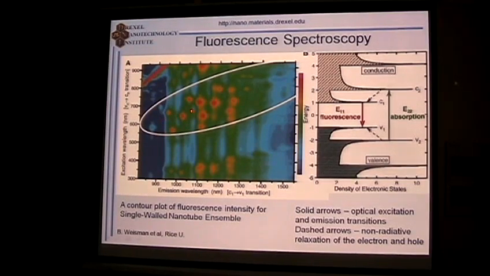In this case, pretty much every dot in this pattern, which is a plot of excitation wavelengths versus emission wavelengths, corresponds to a single kind of carbon nanotube, and you can exactly assign Hamada indices to these specific nanotubes.